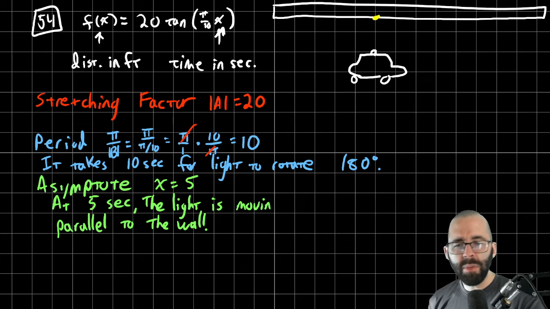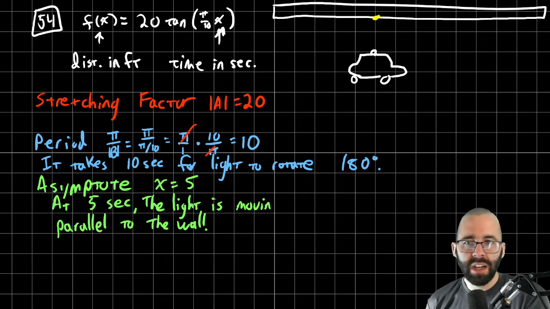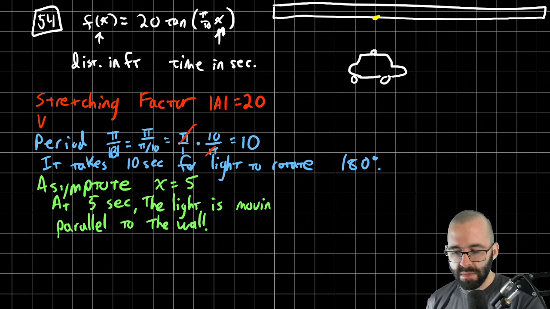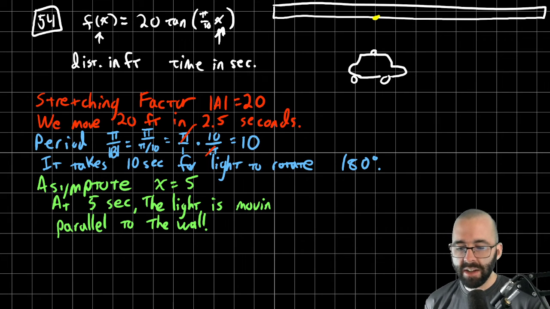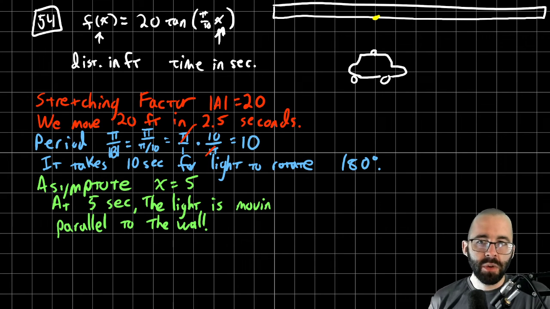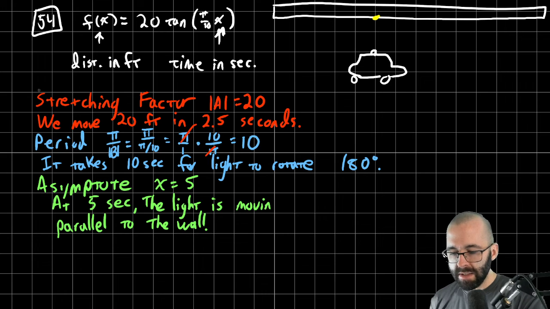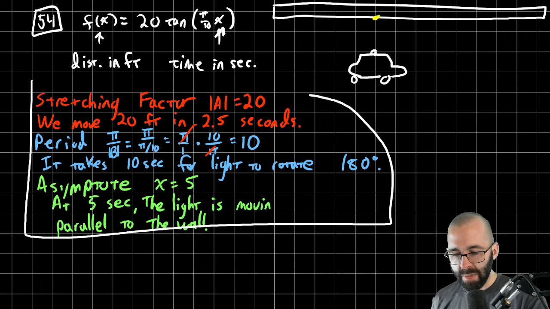There are a couple of not great ways of explaining this, but I would say we move 20 feet in 2.5 seconds is one good interpretation of the stretching factor. There are probably other good ones as well. That's going to be our answer for part B.